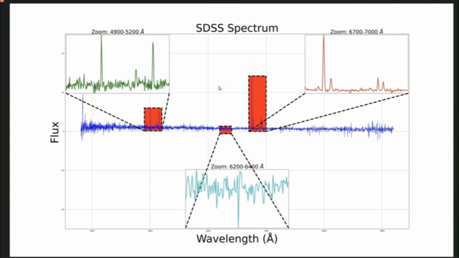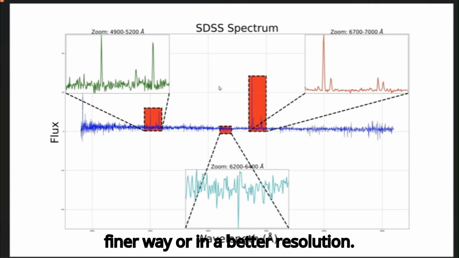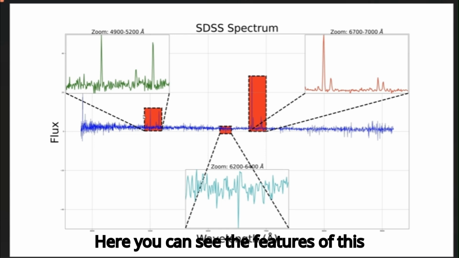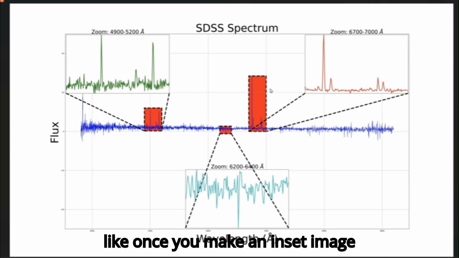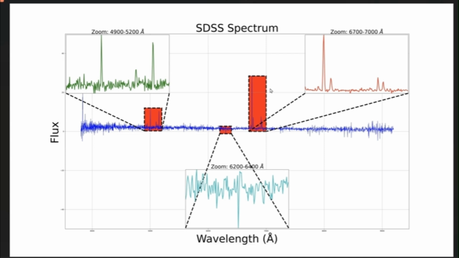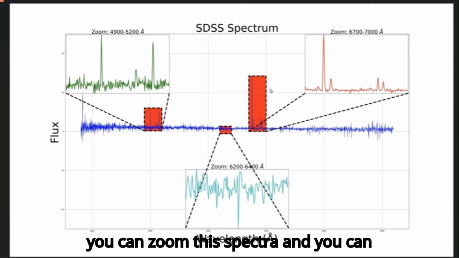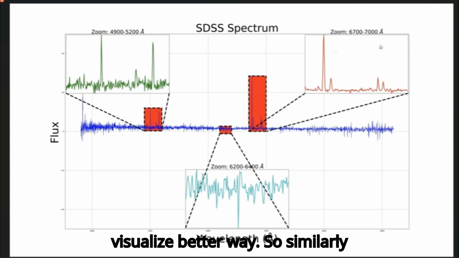So this can be used to visualize your spectra in a much finer way or in a better resolution. Here you cannot see the features of this spectra, like which lines are present, but once you make an inset image, you can zoom this spectra and visualize it in a better way.